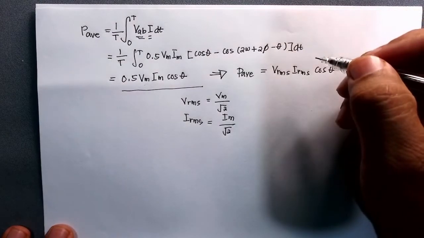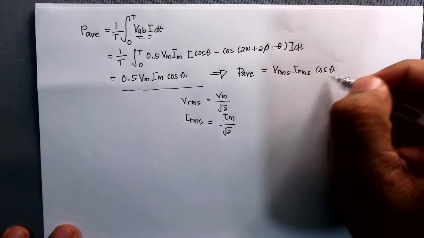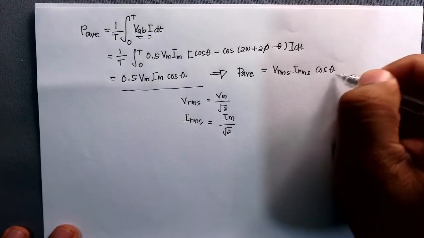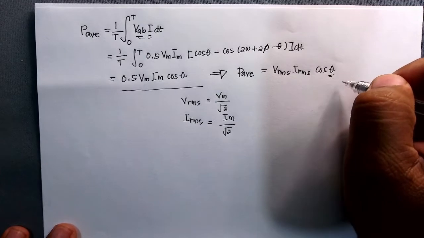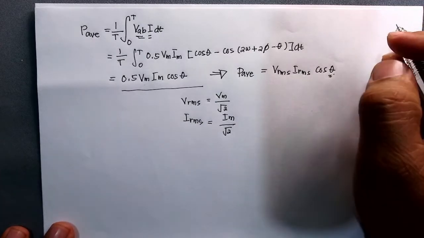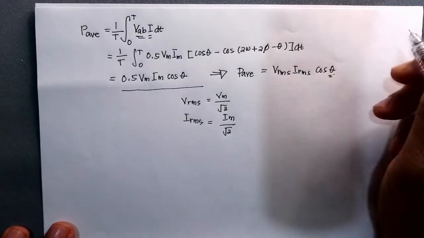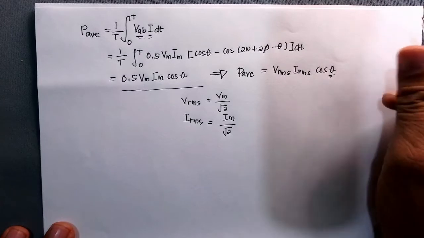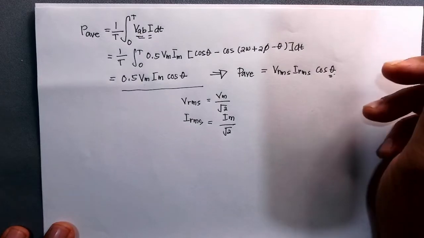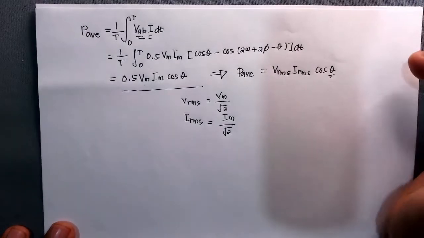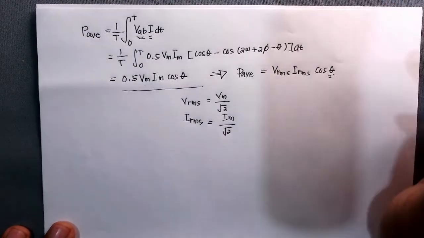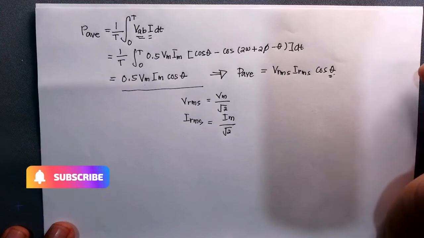So the cosine function here, theta, plays a role, and we can determine if it is an inductive, a resistive, or a capacitive circuit.